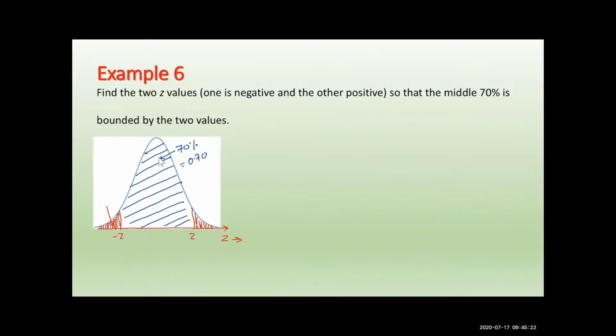The total area is 1. From 1, if we subtract, let me write here, area to the left of negative z is equal to, from 1, if I subtract 0.7, the area in the middle, then I get 0.3.